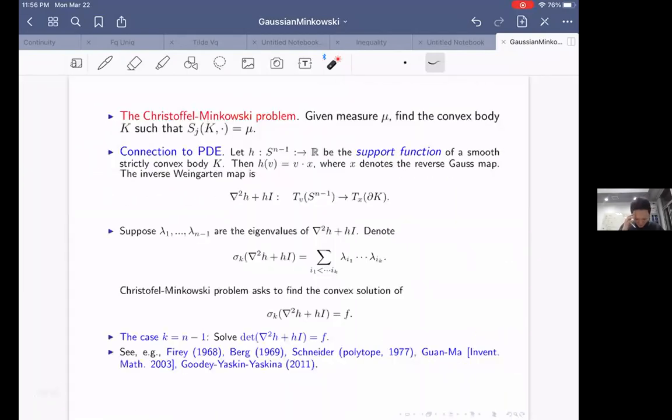It follows that the eigenvalues of this map will be the principal radii. If we denote sigma_k to be the elementary symmetric function, then the Christoffel-Minkowski problem asks to solve the following PDE.